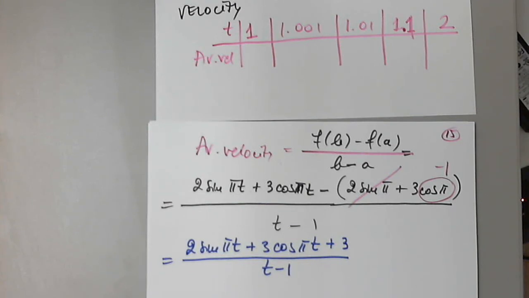Then we plug in 1.1. Then 1.01. And then 1.001. And you can say not close enough. Okay, I agree. To find instantaneous.